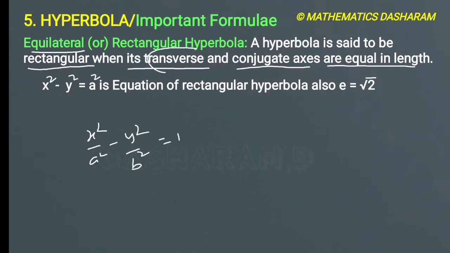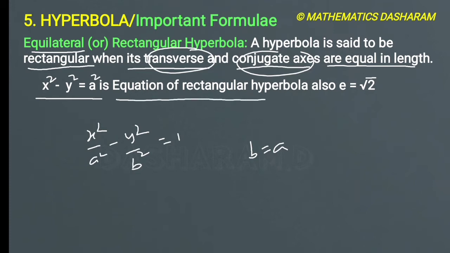But here the transverse and conjugate axes are equal, so substitute b equals a. Then we get x square minus y square equals a square, the equation of a rectangular hyperbola. And the eccentricity of a rectangular hyperbola is e equals under root 2.